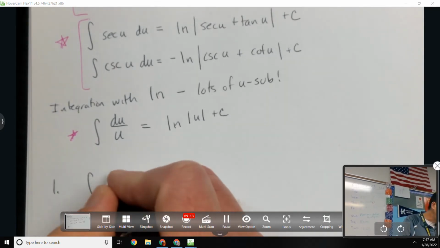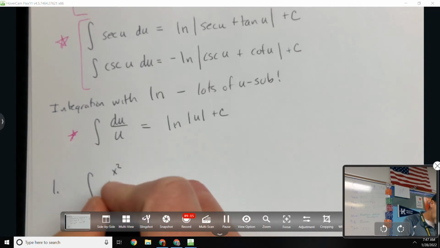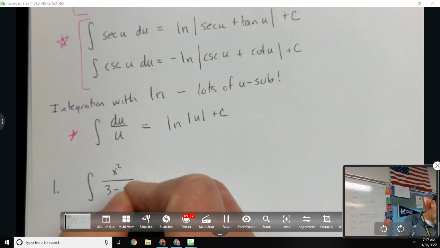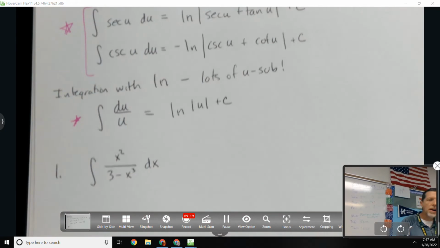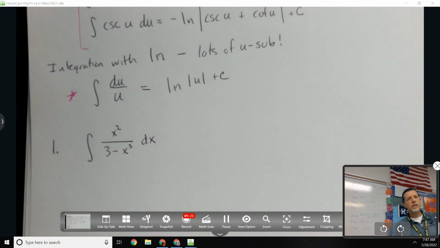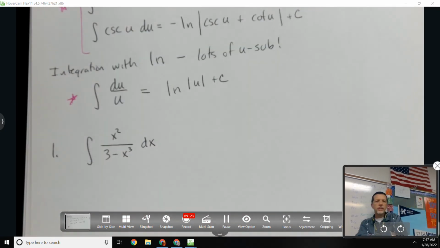All right, let's do some examples here. Antiderivative of x squared over 3 minus x cubed. Again, we pick u so that du shows up, or something like du shows up.